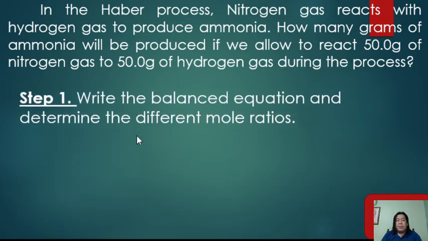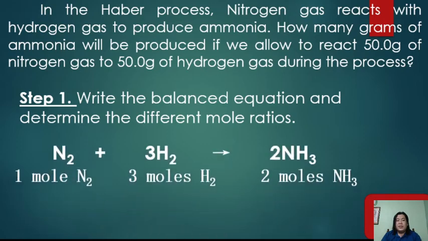The first step is to write the balanced equation and determine the mole ratio of that particular reaction. So this is the balanced equation. For every 1 mole of nitrogen gas that reacts with 3 moles of hydrogen gas, it will produce 2 moles of ammonia. So this is the first step.